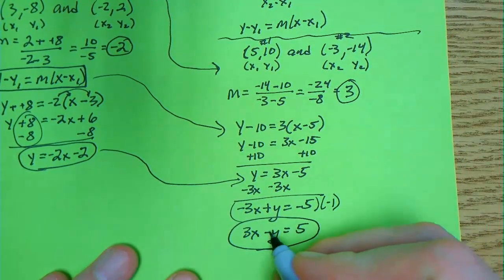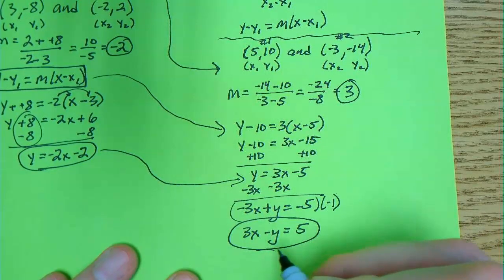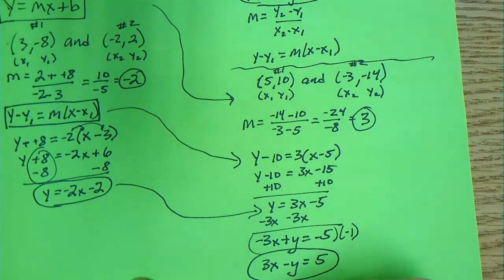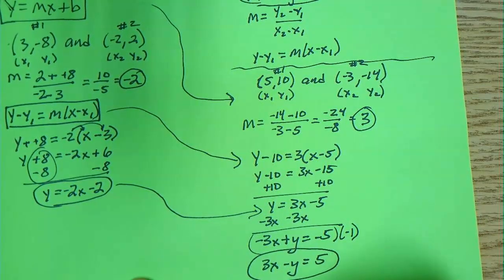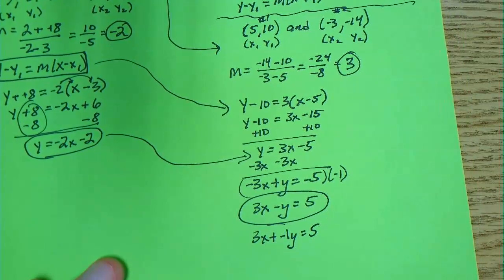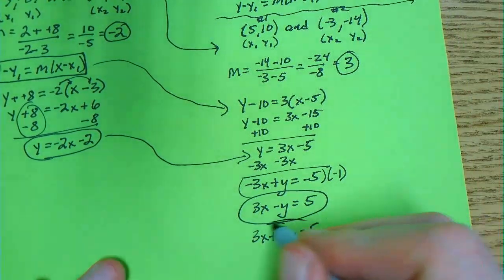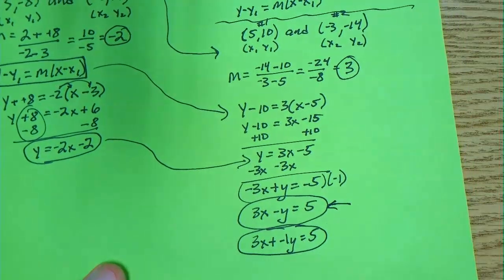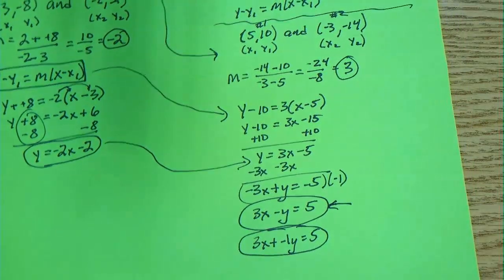And now sometimes people think this is subtraction here, and it is. Well, it's not adding, right? Well, if we want to do that, then we go 3x plus a negative 1y equals 5, and now it is, isn't it? Okay? So these two are both acceptable here. I would prefer that one, but either one is acceptable.